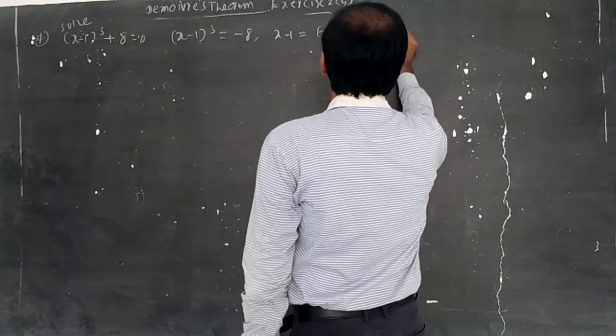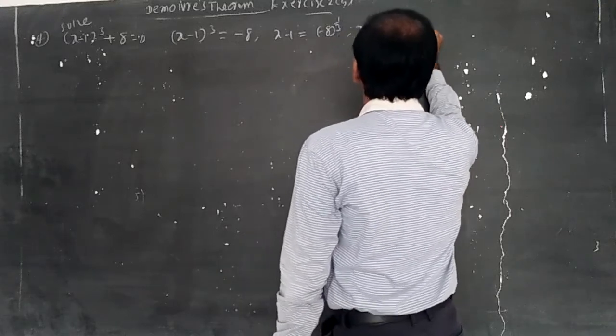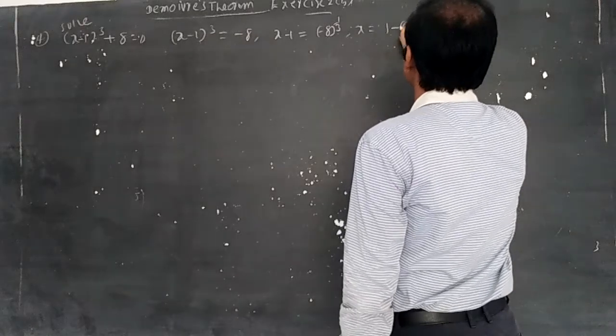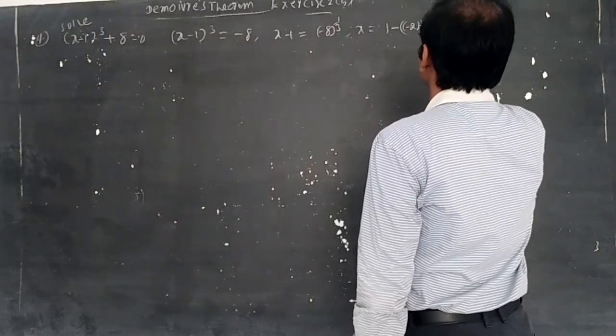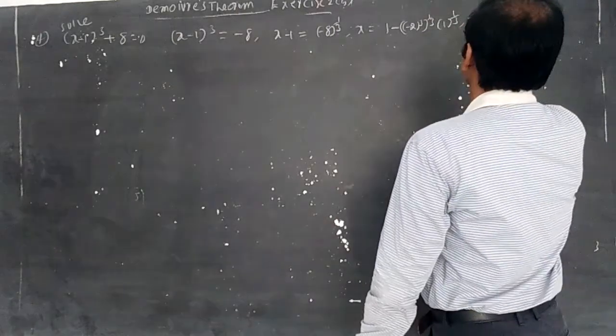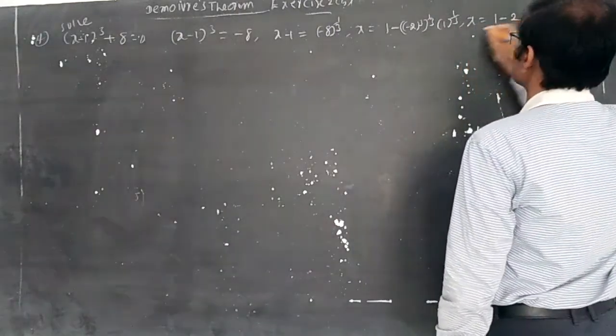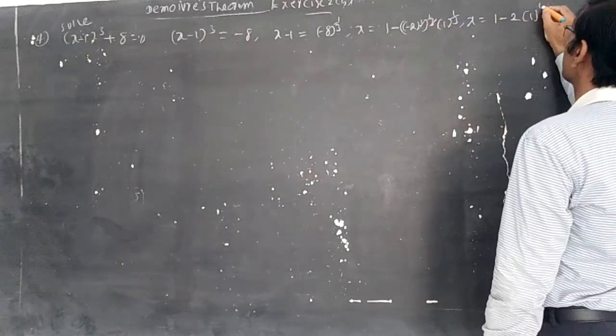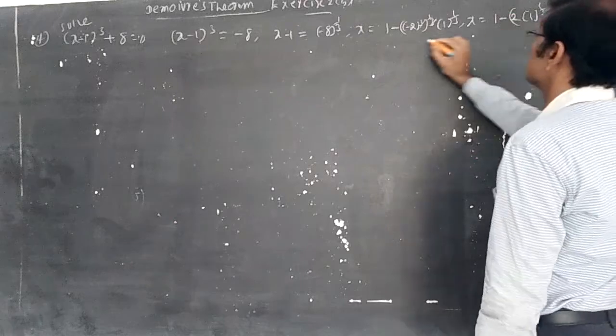x minus 1 is equal to minus 8 whole power 1 by 3. So x is equal to 1 plus minus 2 whole cube whole power 1 by 3 into 1 power 1 by 3. So x is equal to 1 plus 2, the 3 and 3 will be getting cancelled, 1 plus 2 into 1 power 1 by 3. This means like this, students.